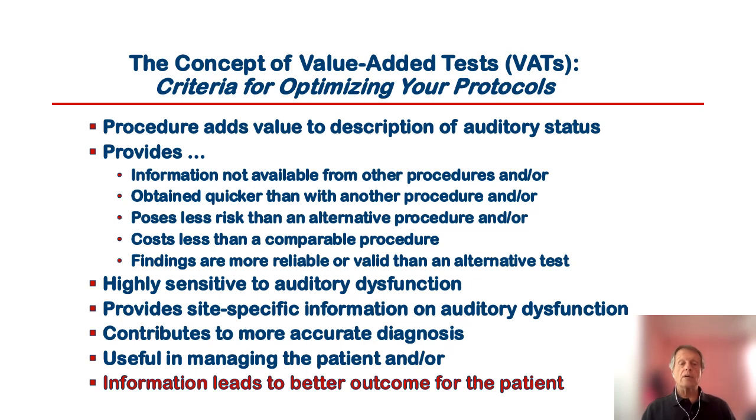If we have a child where the auditory brainstem response results confirm normal hearing sensitivity, we can record a clear ABR down to 20 decibels for both tones and clicks, and that same child has normal OAEs, we don't need to perform other tests. They won't add any value to our diagnosis because we already know the child's got normal auditory function. So there are many ways we can determine whether or not a test adds value, but that's something we should always consider as we develop a strategy for evaluating infants and young children.